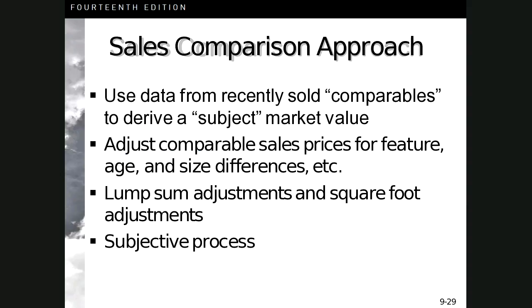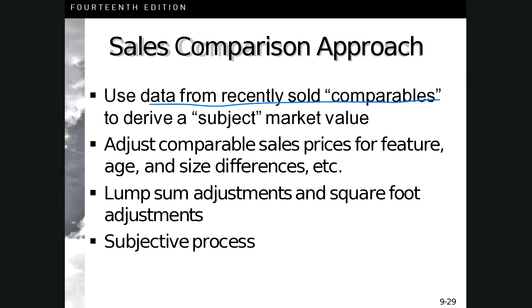So we're going to focus here on the income approach, and the sales comp approach is similar. You use the data from recently sold comps to derive a subject's market value.